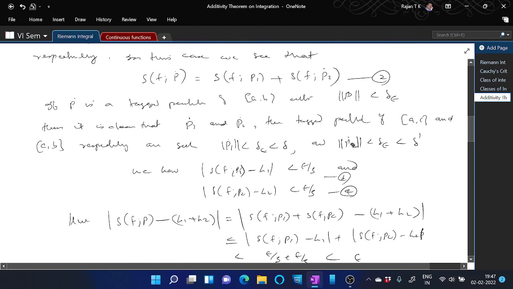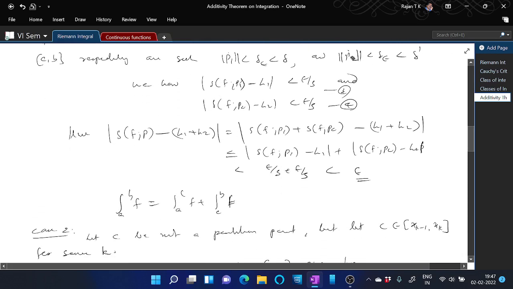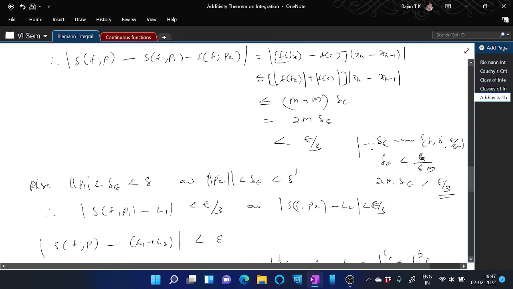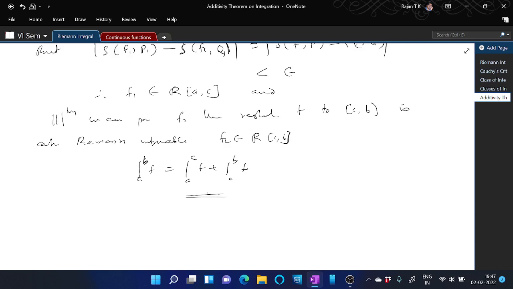There we proved that if the restrictions of F to [A,C] and [C,B] are Riemann integrable, then F is Riemann integrable, and integral A to B F is equal to integral A to C F plus integral C to B F. Hence the theorem. So this theorem is widely used in calculus for the calculation of integration.